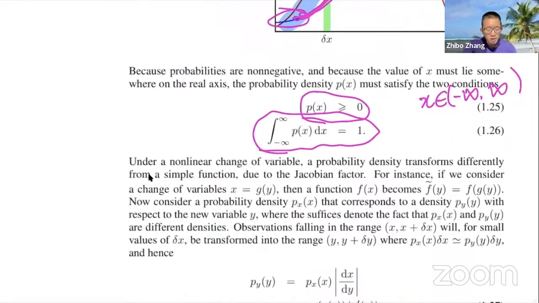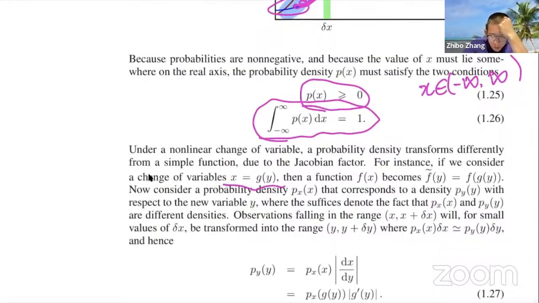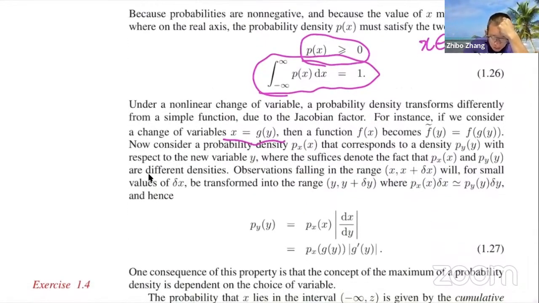Under a nonlinear change of variable, a probability density transforms differently from a simple function, due to the Jacobian factor. For instance, if we consider a change of variables x equals g(y), the function f(x) becomes f tilde (y) equals f(g(y)).